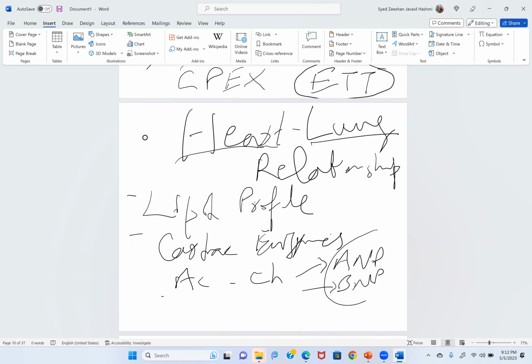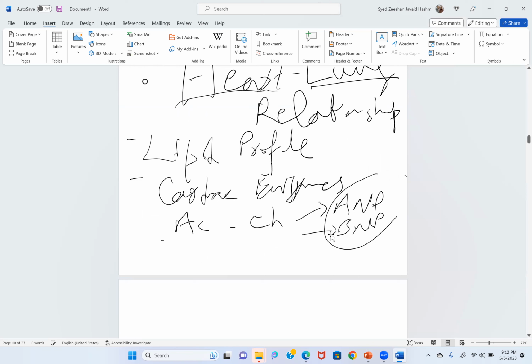These are also markers which can tell you about heart failure. Acutely we see troponin T or I, or CPK, CK-MB. That's what we see in the acute setting, and in the chronic setting, if you are evaluating, these tests may be required.